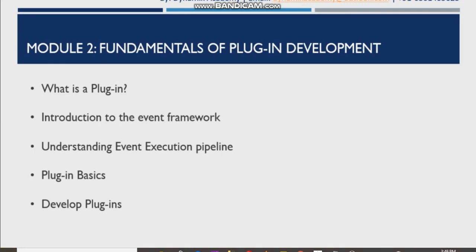And in session number 5, we will see the basics of plugin in terms of theory, like what is IPlugin interface and how you can implement it via Execute method, and what is an IServiceProvider, the key parameter that is passed from platform to the plugin. And after understanding the theoretical part of plugin development in detail, then we will go through a hands-on, then we will develop an actual plugin, and that will bring the end of this module.